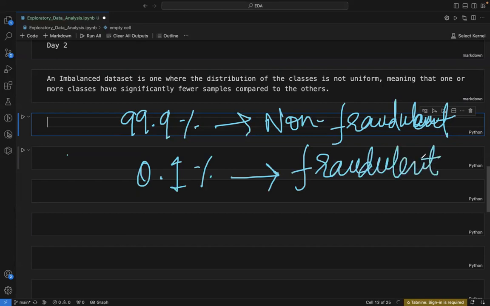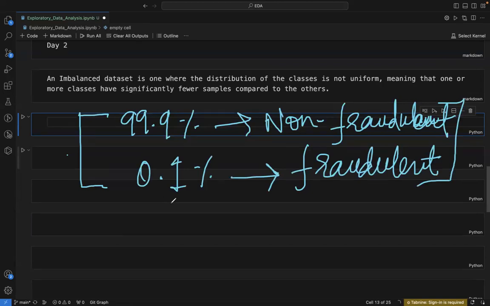In this case, I'm talking about credit card fraud detection, in which 99.9% of transactions are non-fraudulent, but only 0.1% are fraudulent.